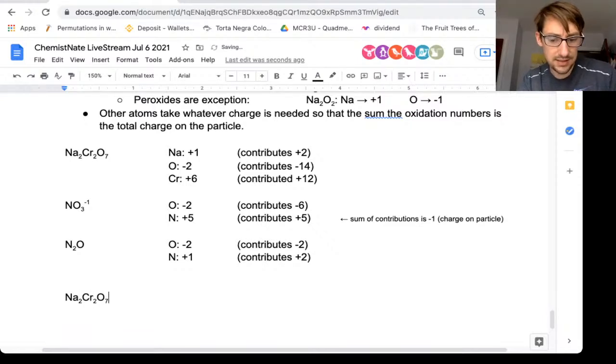Na2Cr2O7 plus N2O becoming NO3 minus 1 charge plus Na.